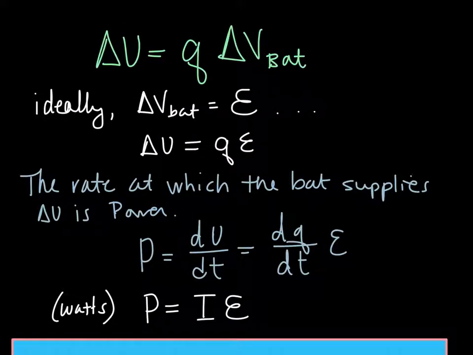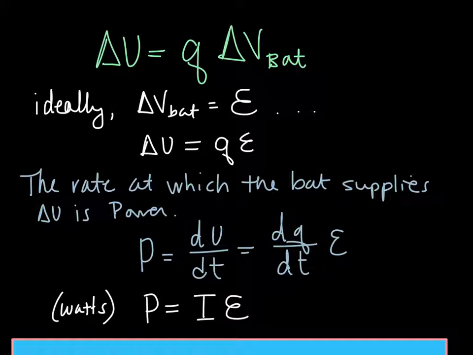We can determine the potential energy in a circuit by looking at the potential difference and the charge within each element. So for a battery, given a specific amount of charge being moved through a potential difference in the battery, we can determine the amount of energy that the charge gains.